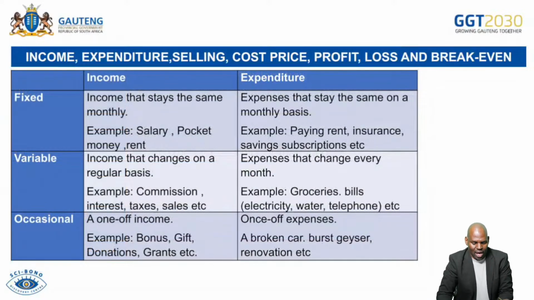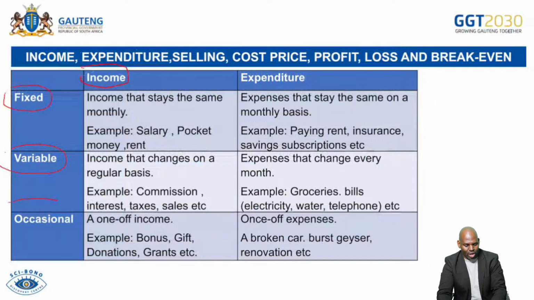And then, of course, under income and expenditure, we have the following. We have income, and under income we've got what is called fixed income, variable income, and also occasional income.